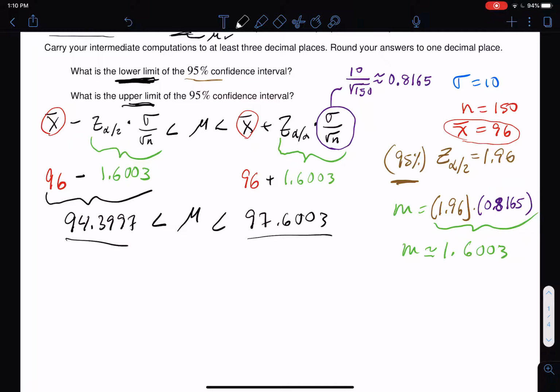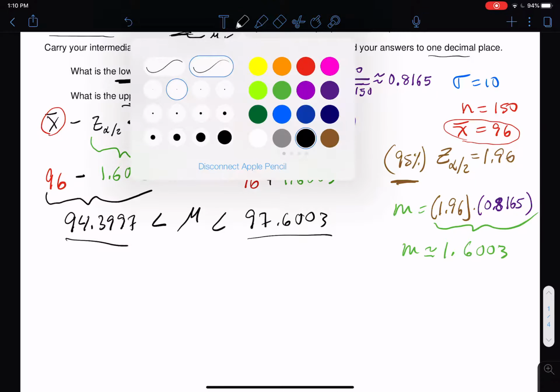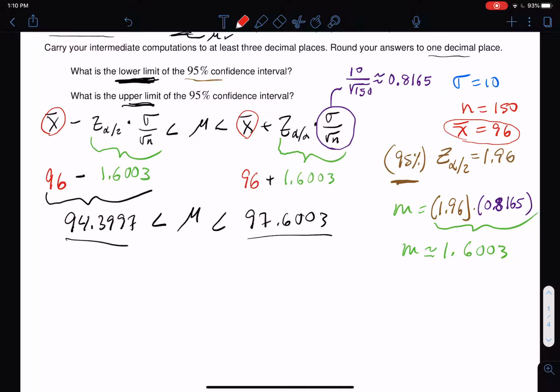Now they wanted us to round to how many decimal places? Round your answer to 1 decimal place. So yeah, it's pretty crowded up there. But if I did that, I'll do that in red. For your lower, that's going to be 94.3, rounded to 1 decimal place.